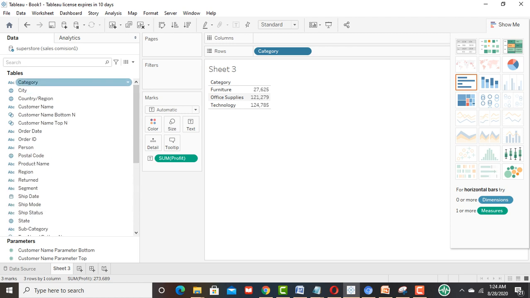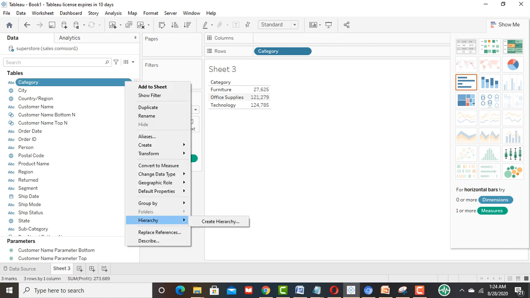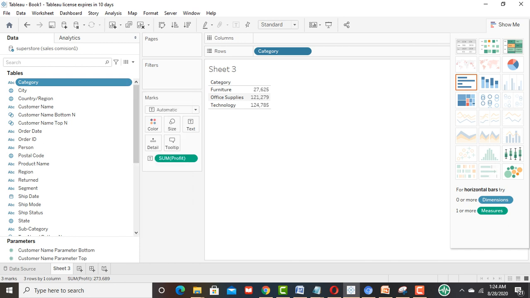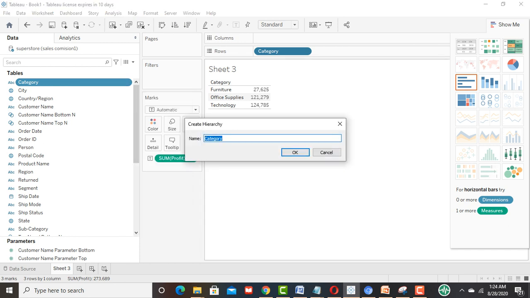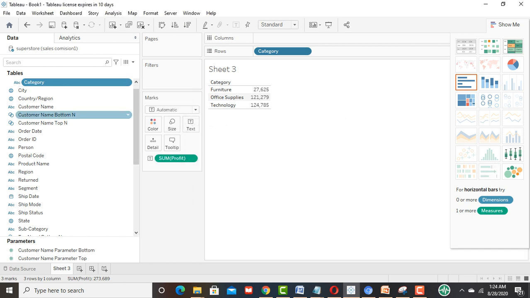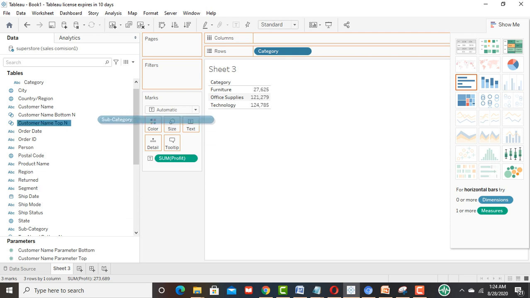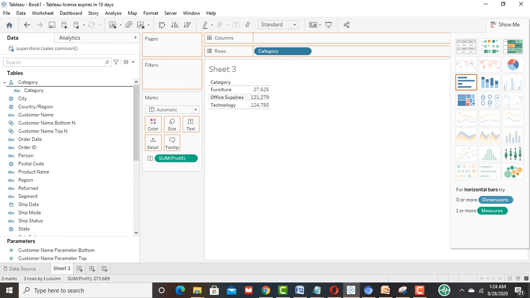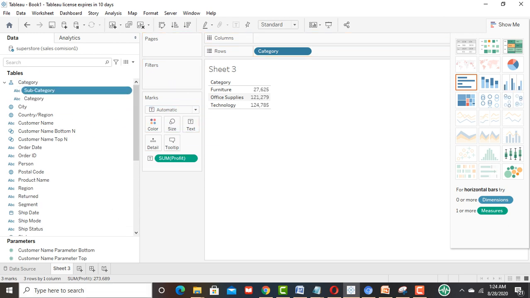So to create the hierarchy, what we require is to come to the field on the category side, then right click and you will find Hierarchy here. So create hierarchy. Okay, now we created the hierarchy. Now drag and drop subcategory in here.